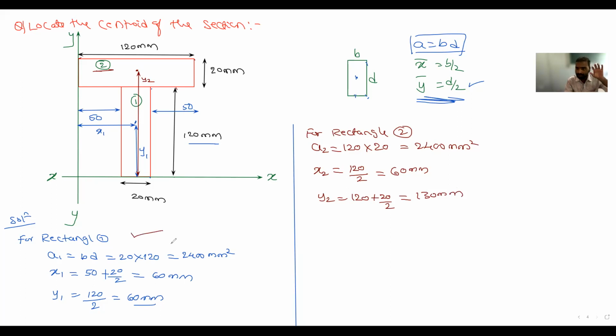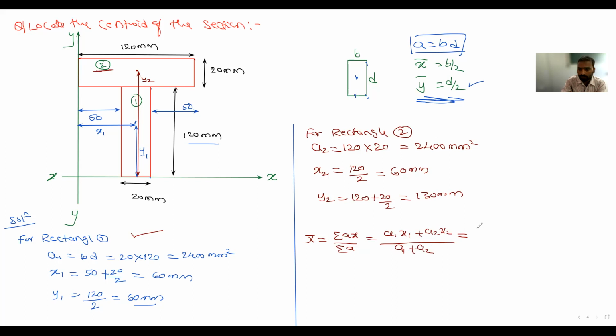I have calculated area, x1, y1 for each segment, correct? So next, what is my task? I have to calculate the centroid for the whole section. Whole section means x bar. x bar is equal to, what is the formula? Summation of a into x divided by summation of a, that is nothing but a1 x1 plus a2 x2 divided by a1 plus a2, correct? Yes, sir.